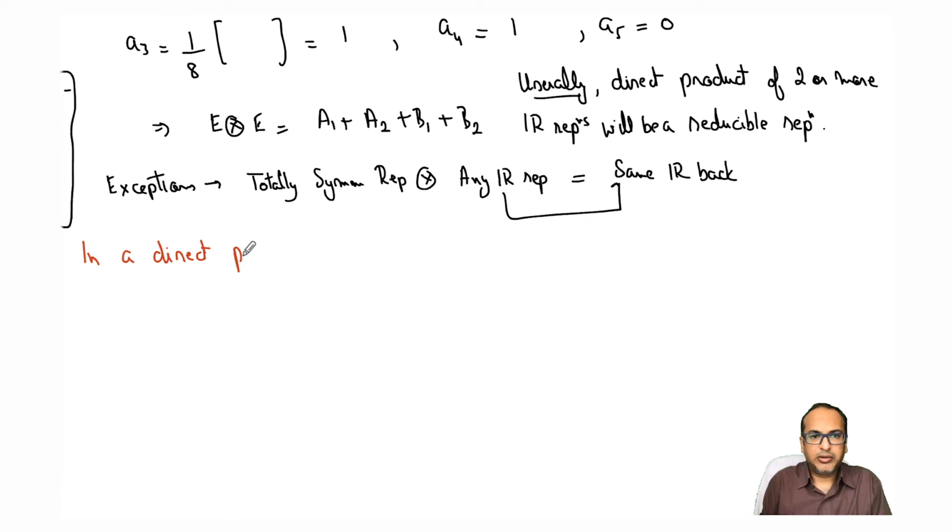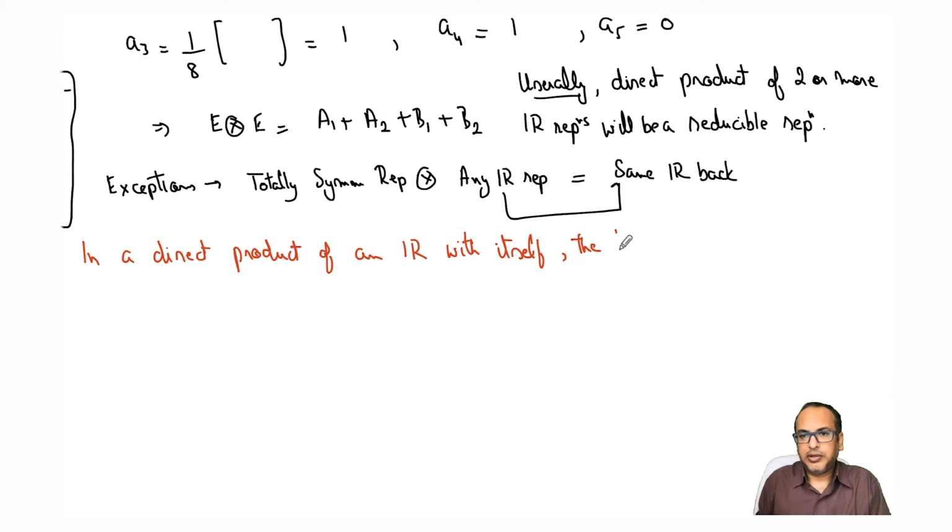In a direct product of an IR with itself, the totally symmetric representation, I'm not saying it as A or A1 because in different point groups, the nomenclature or Mulliken symbol for the totally symmetric representation can be different. Somewhere it can be A, somewhere it can be A1, and so on, but it will always be A or A1 or something similar to that. Here we will use the general term totally symmetric representation.